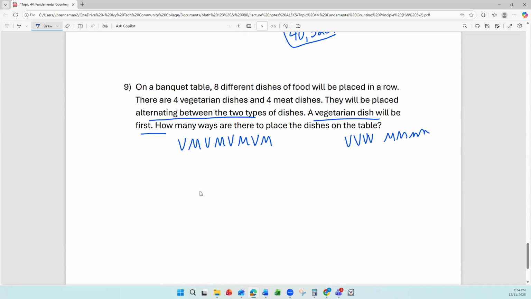The important thing is that there are specific spots assigned just to the vegetarian dishes and specific spots assigned just to the meat dishes. So we're arranging the 4 vegetarian dishes into the 4 vegetarian spots.